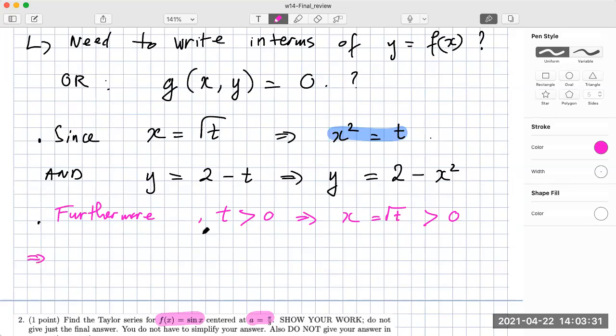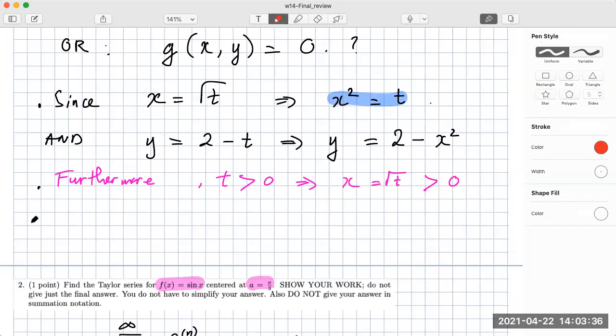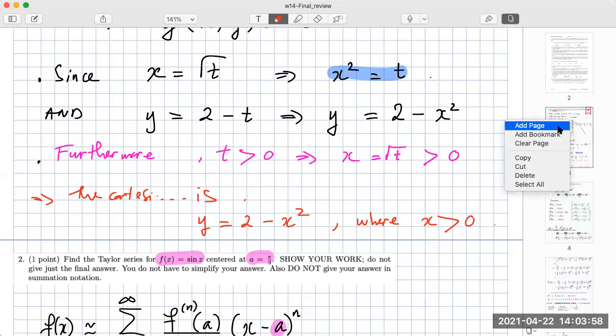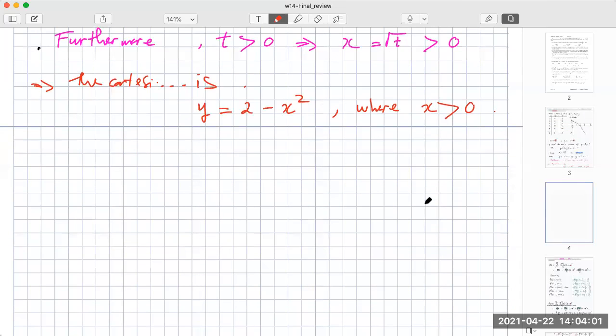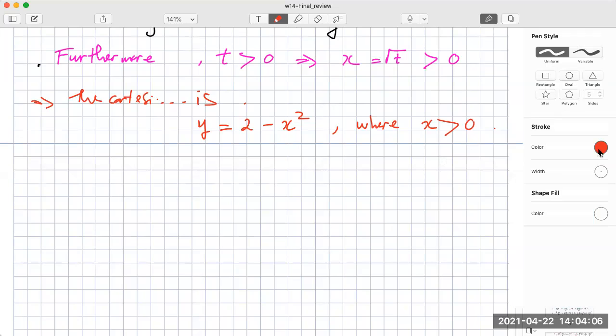So finally, the equation will be y is equal to 2 minus x squared, where x is strictly positive. That's it, right? But let us play a little bit more with this. Yeah, we are done here.